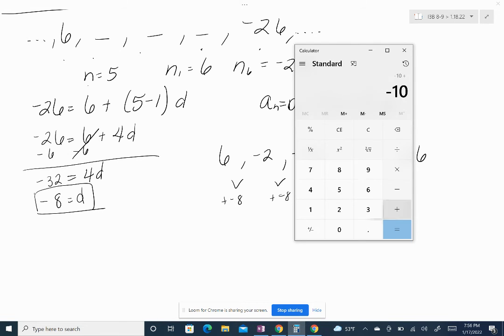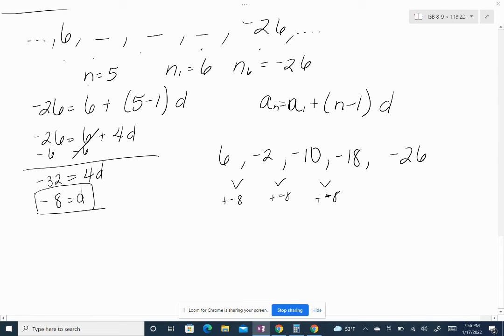And then negative 10 plus negative 8 gives me negative 18. Sorry, guys, I don't know why I struggled right there. Anyways, these would be our 3 terms right here. So your answer would be negative 2, negative 10, negative 18.